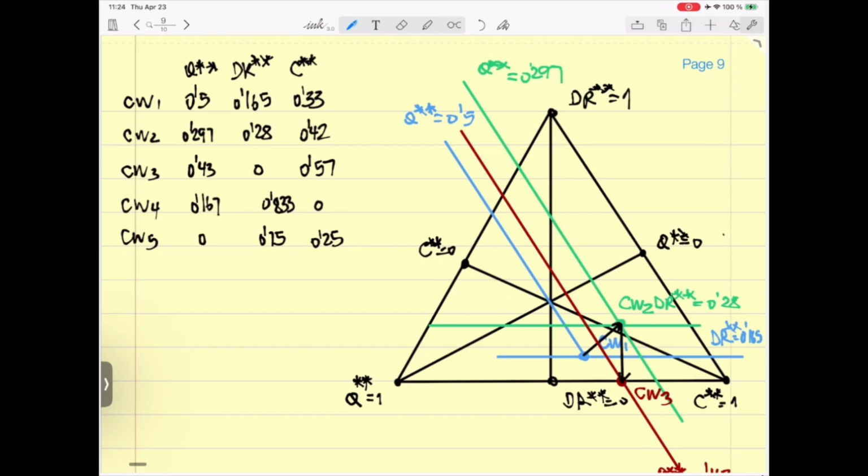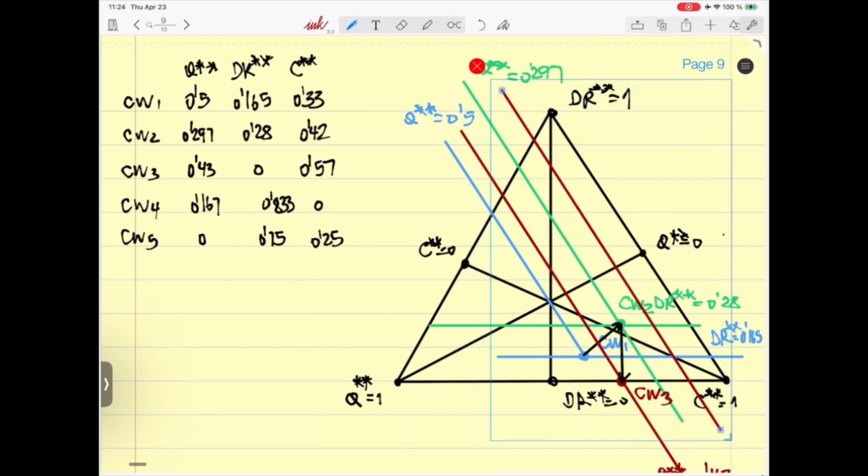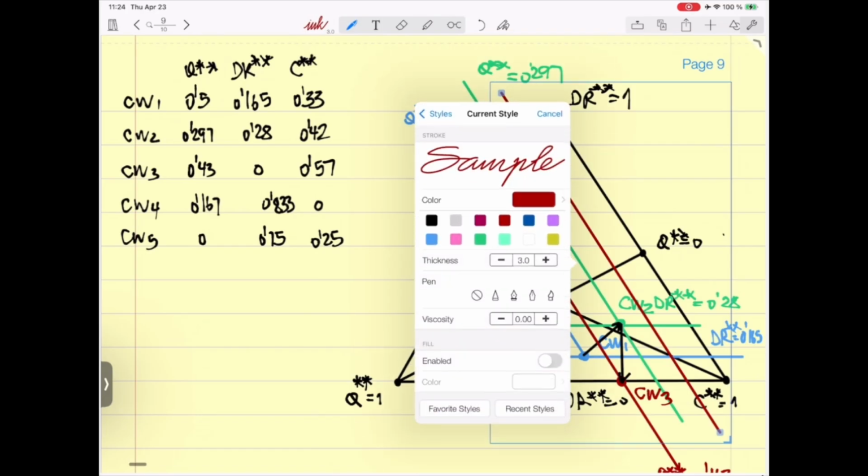Then for the fourth one, we take the cost is 0, so it's on this line because this is 0. And we take, for instance, the quality 0.165. So always with parallels, so it's not very difficult. Let's take another color.